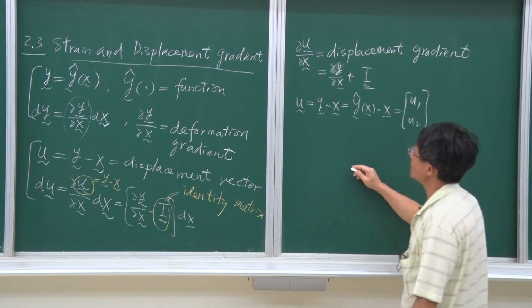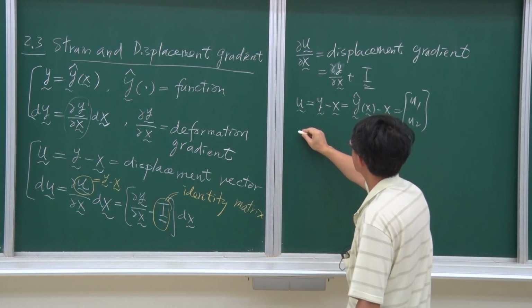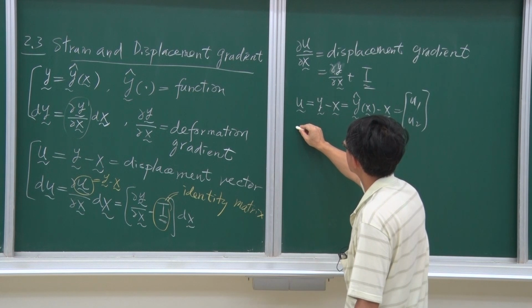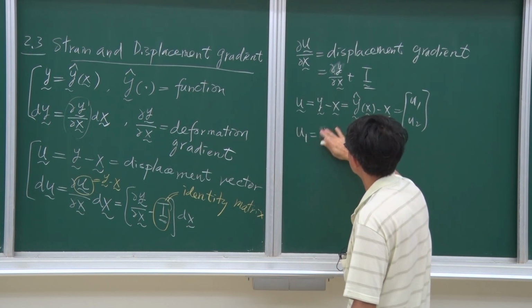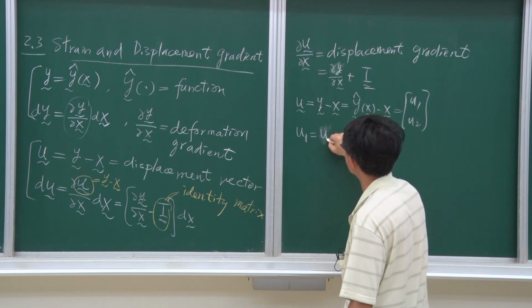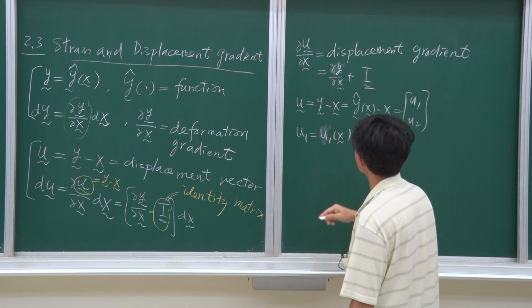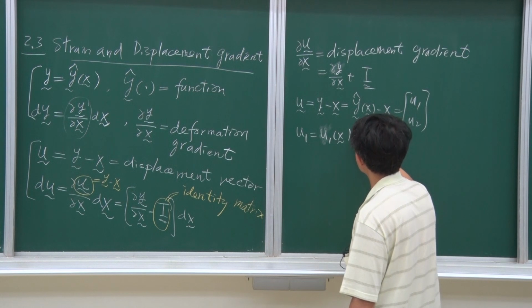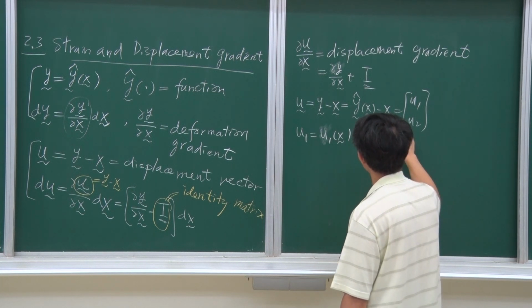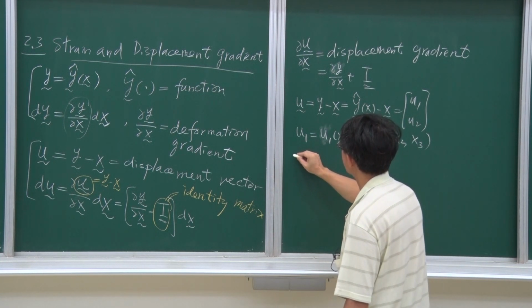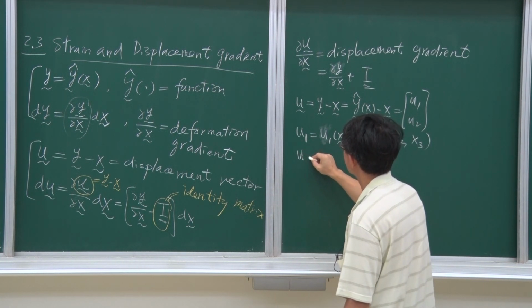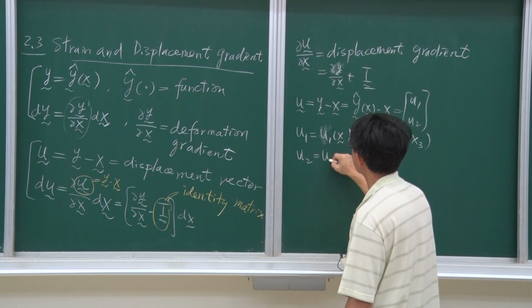Okay, in this way, we have u1 equal to u1 of x1, x2, x3, and u2 equal to u2.